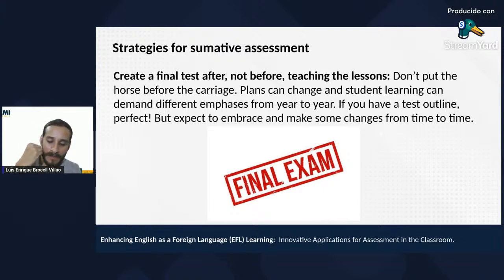They are meant to move and to change, like us as teachers. If we prepare the final exams in advance, we may notice along the classes that we have not covered some topics, and then our final exam is invalid. It's not good for our students.